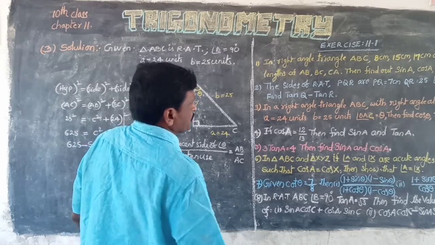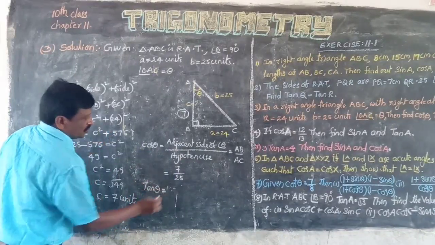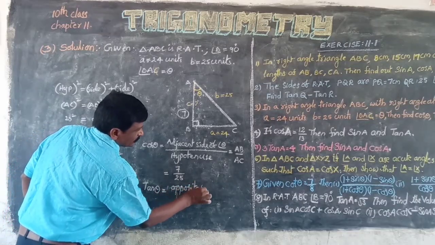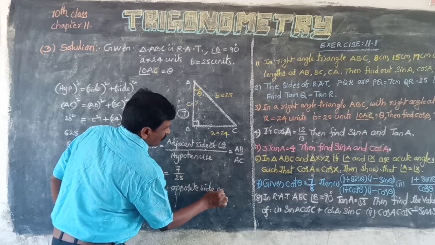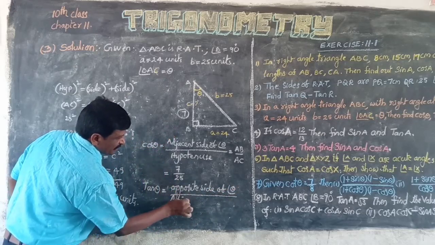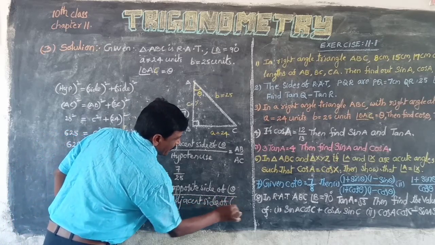Next, tan theta is equal to the opposite side of angle theta by the adjacent side of angle theta.